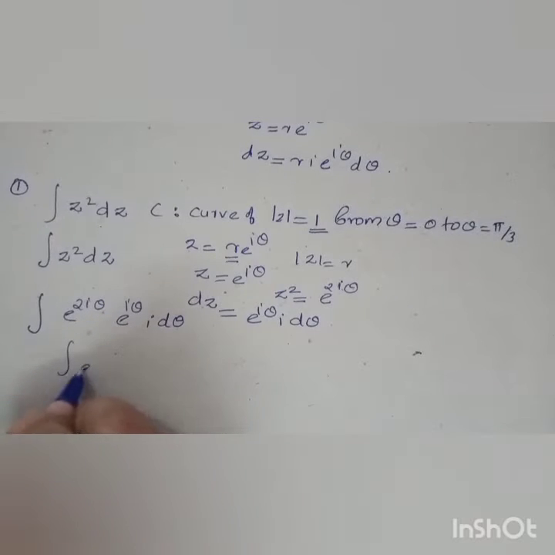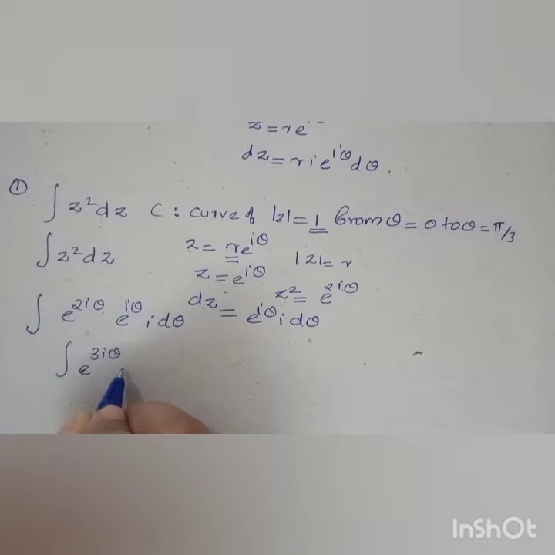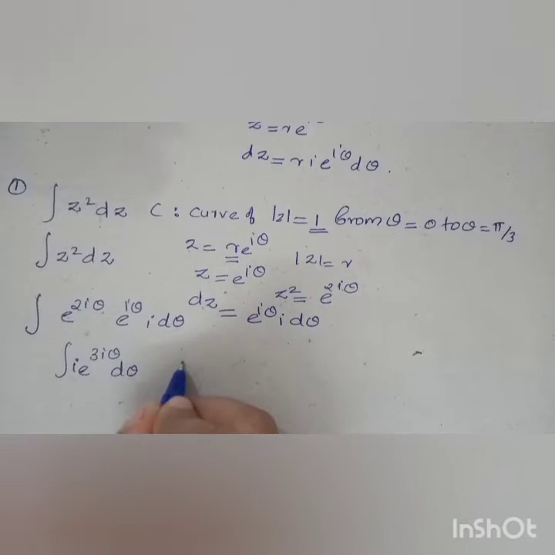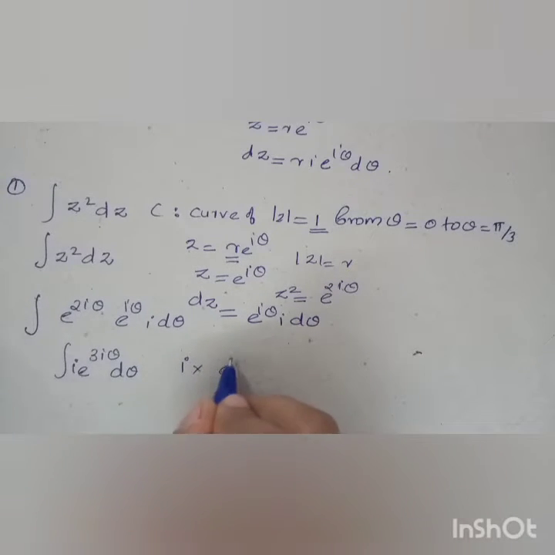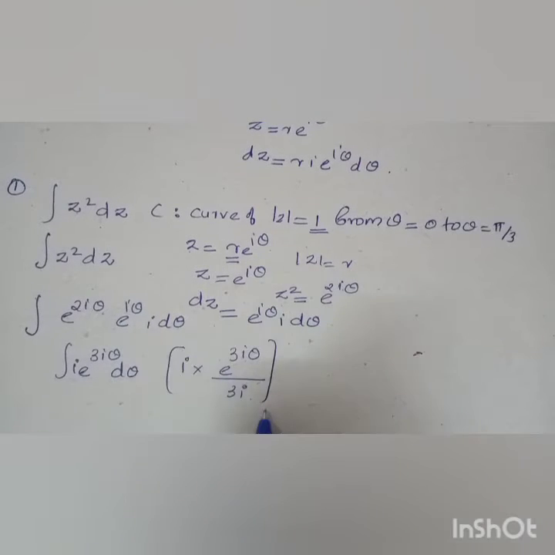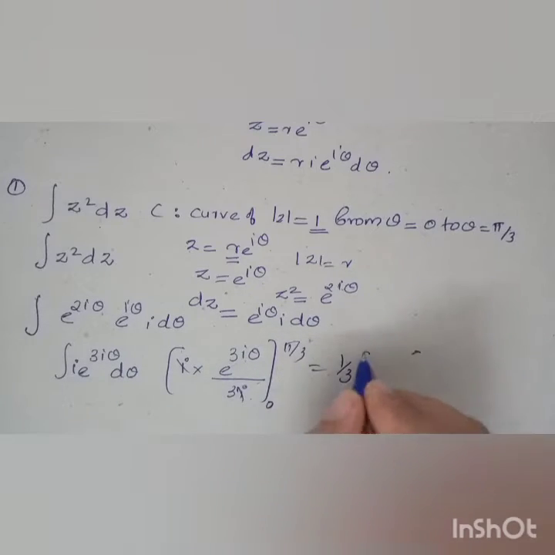So integral e raised to 3I theta into I d theta. So I into e raised to 3I theta divided by 3I from 0 to pi by 3. I cancels, that is 1 by 3.